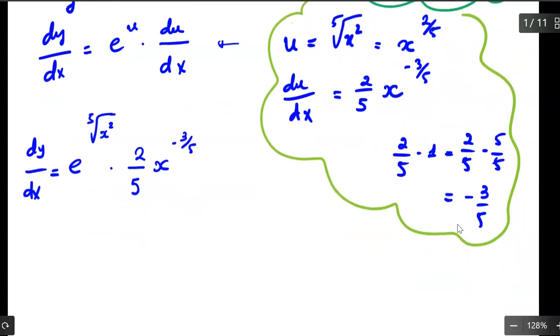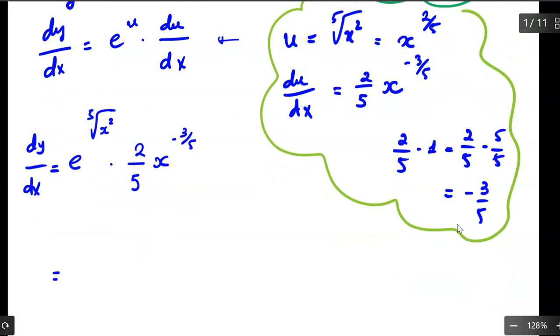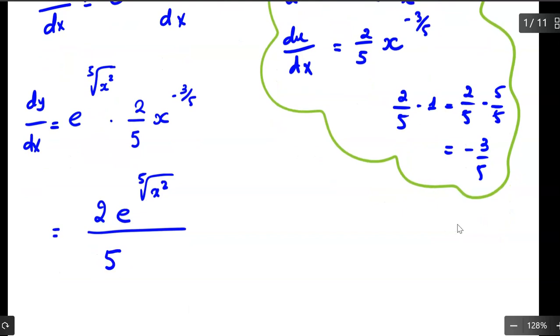So in the end, if we have to write this as a positive exponent, what you do is you write 2e to the exponent fifth root of x squared, everything divided by 5 times x to the exponent 3 over 5. Alright, so this is the final answer.